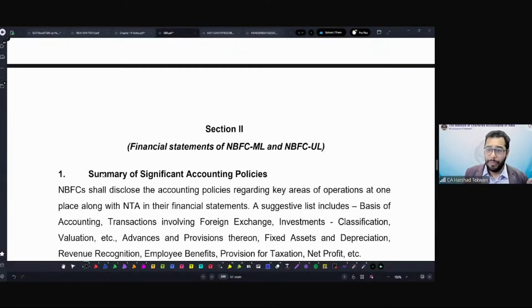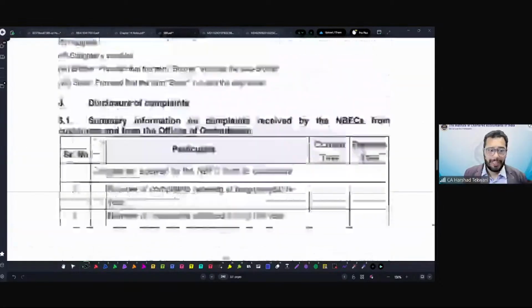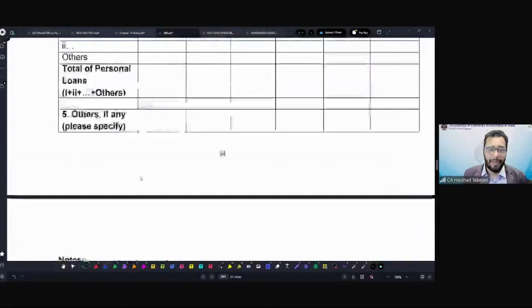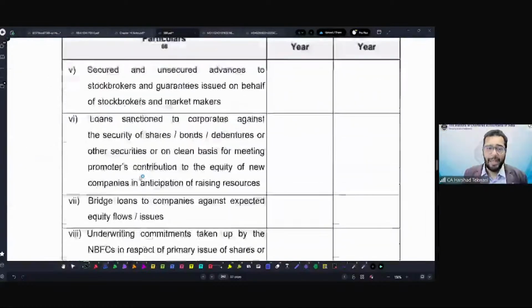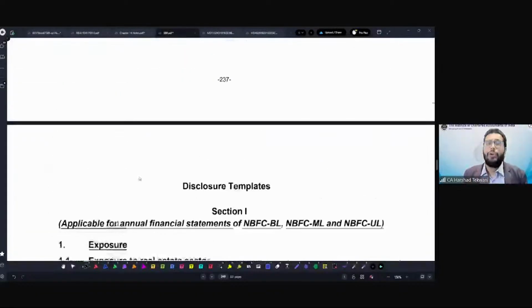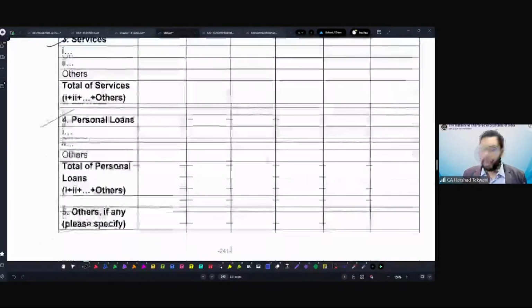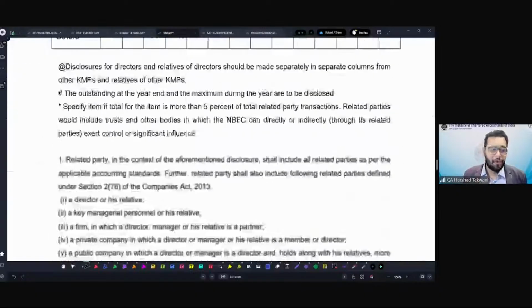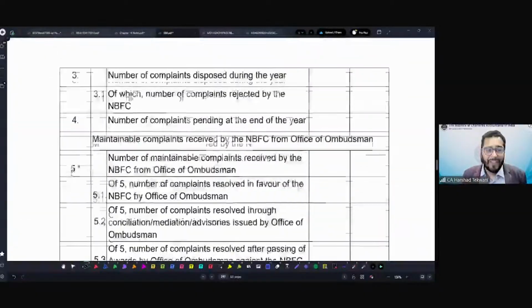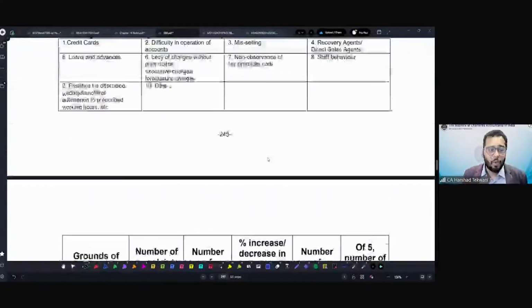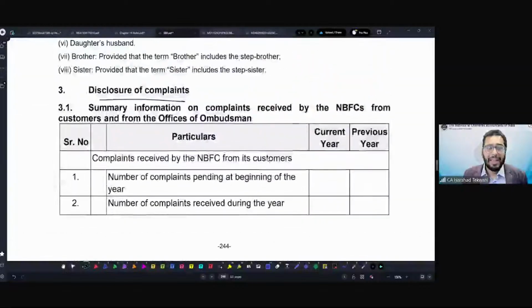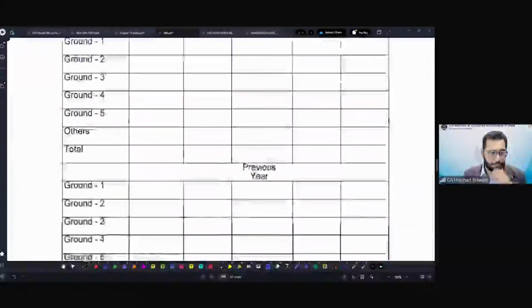Now, that was for the base layer. That this is the reporting which is specifically applicable to the base layer, middle layer, and upper layer, means general reporting. But if you go to the section 2 of this reporting, basically it shows you that specific reporting that is applicable only and only to middle layer and upper layer. I'll just show you.